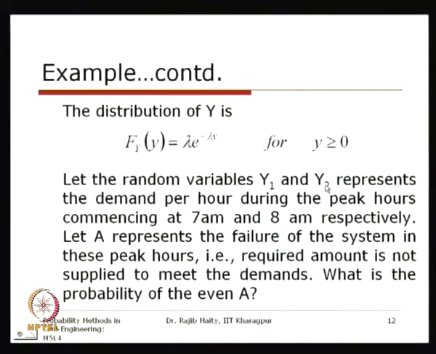That means y1 is greater than either x1 or x2, whatever is being supplied, or y2 is greater than x1 or x2, whatever the supply during that time. So, we have to determine the failure of the system through this.